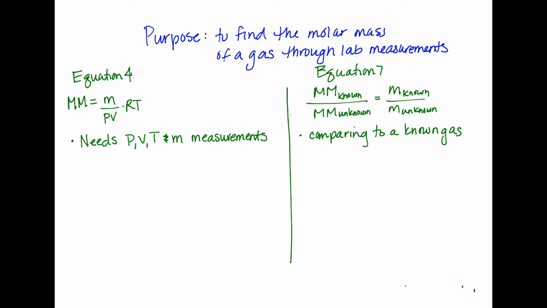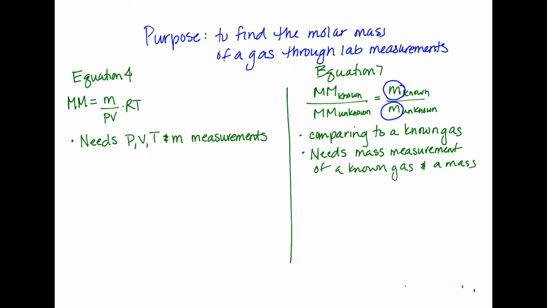What's nice about equation 7 is that we only need to make two measurements, the mass of our known gas and the mass of our unknown gas. So we only need a mass measurement of a known gas and a mass measurement of our unknown.